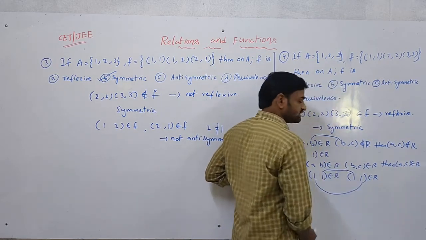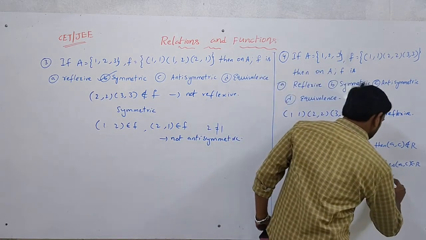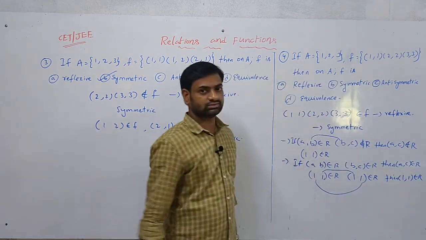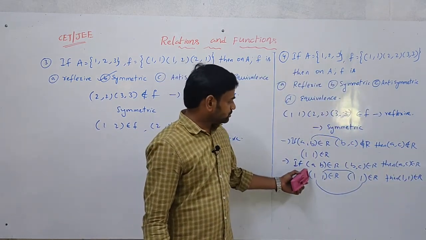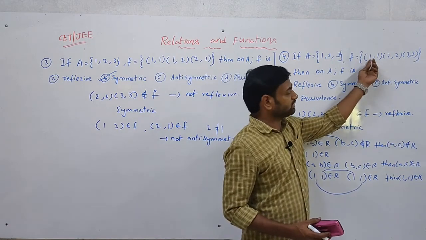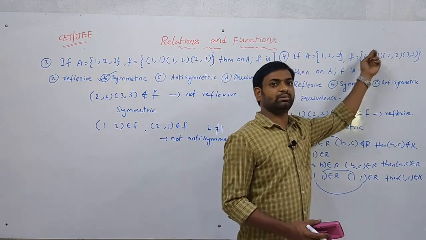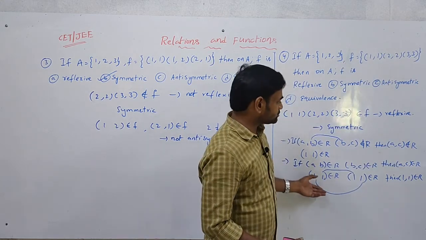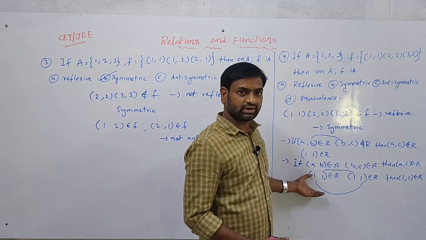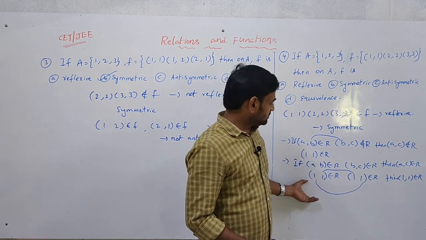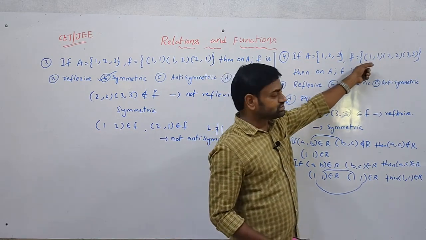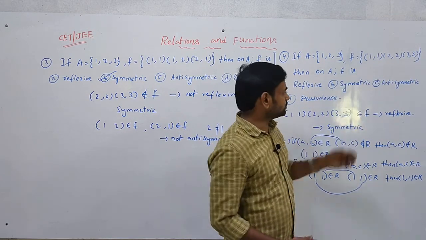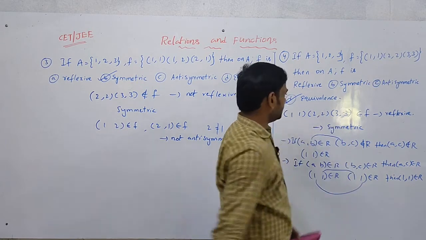The result is also (1, 1), and (1, 1) belongs to R. So we take the same pair (1, 1) as (a, b), the same as (b, c), and the same as (a, c). In this way also we can prove it is transitive. So it is reflexive, symmetric, and transitive. So it is an equivalence relation.